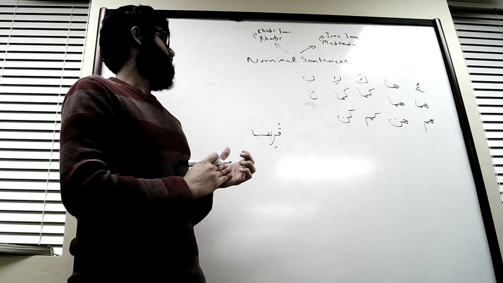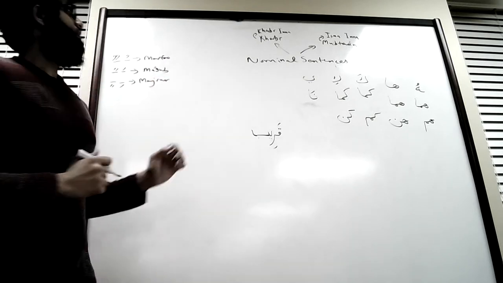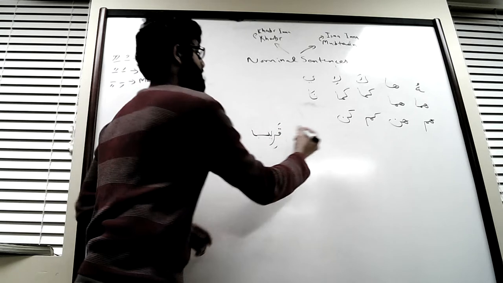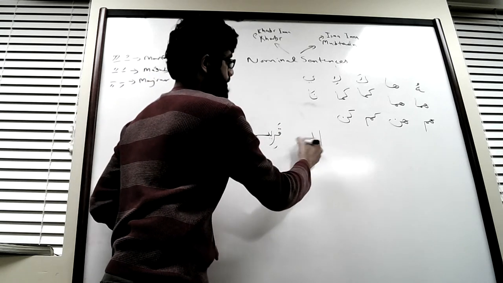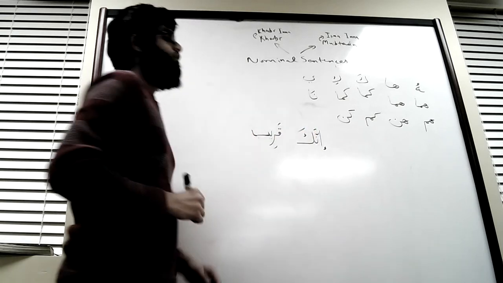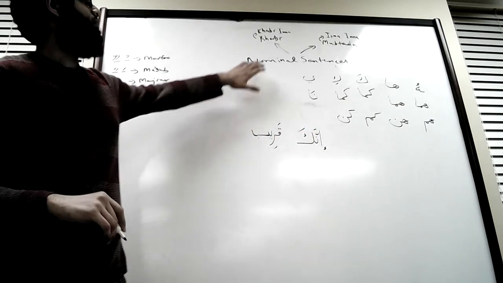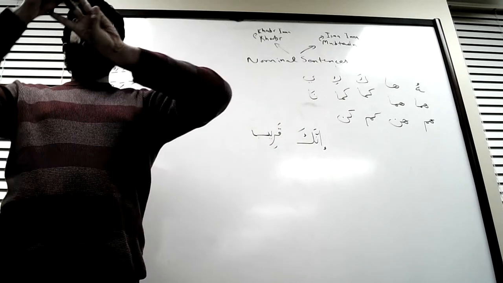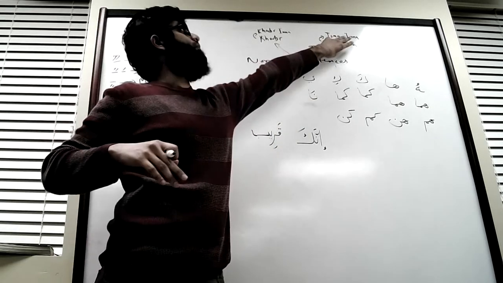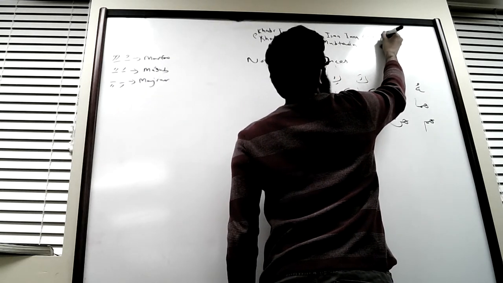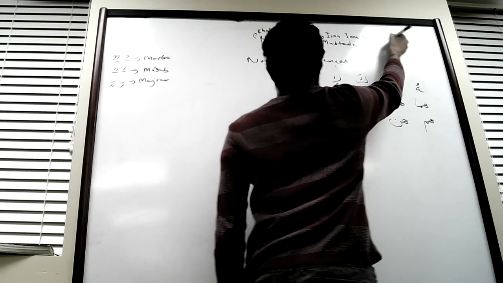What changes to mansub is the ismu inna. This sentence has three parts. One is the inna part. One is the ismu inna part, which is mansub. And then there's the khabar inna part.